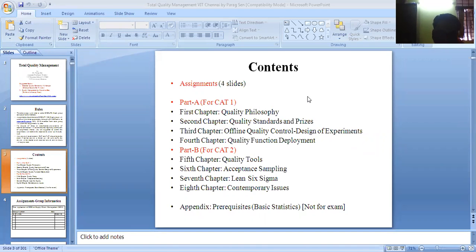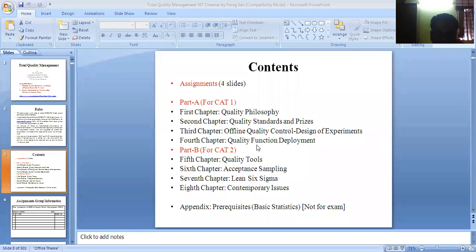So basically, we will focus now on the fractional factorial design and then Taguchi's robust design. So we will be completing the third chapter, and we will also focus a little bit on the quality tools, because this is a huge chapter, the fifth chapter.